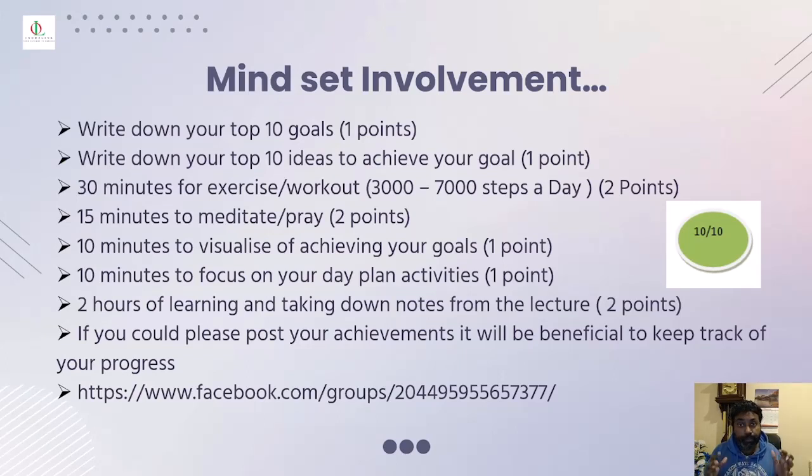And also please set yourself 15 minutes of prayer or meditation, and 10 minutes set aside to actually visualize that you achieved those goals. So spend 10 minutes on that, and spend another 10 minutes to plan for your next day, for the next week, etc.